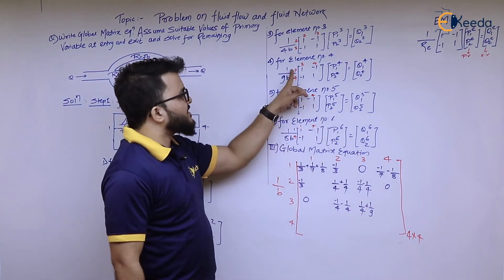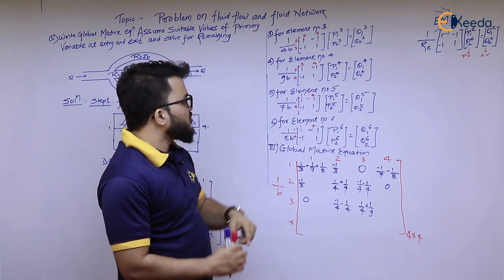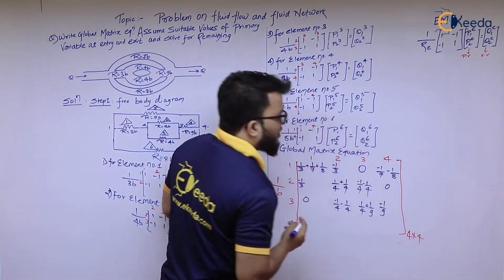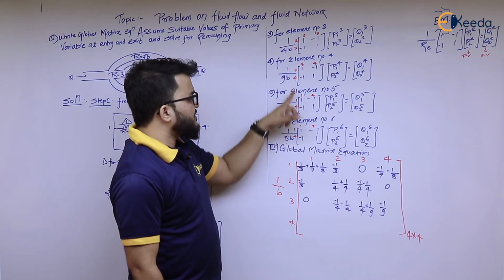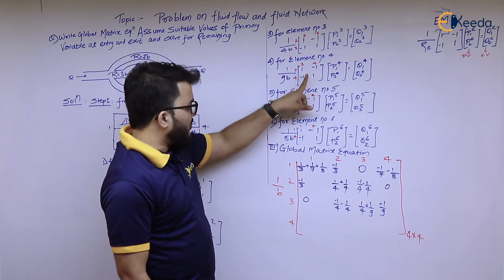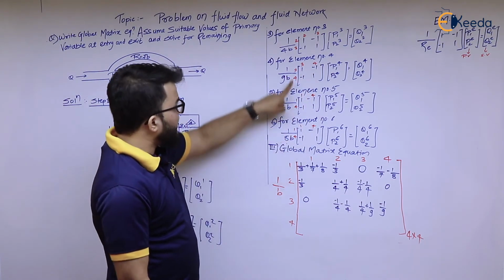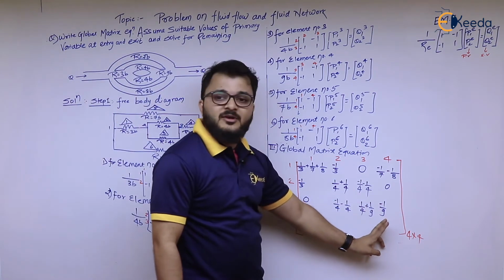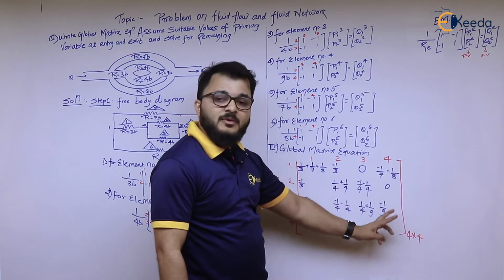This becomes minus 1 by 9. Is there any other element in row number 3 and column number 4? No other element, so this is only one element for row number 3 and column number 4.